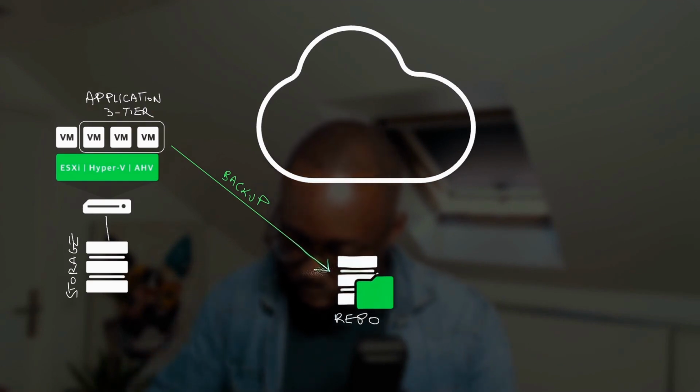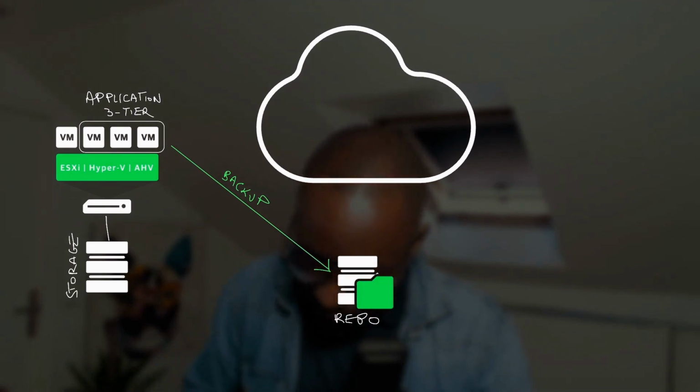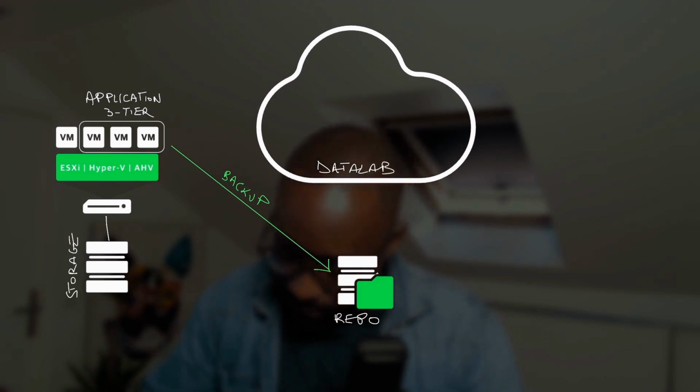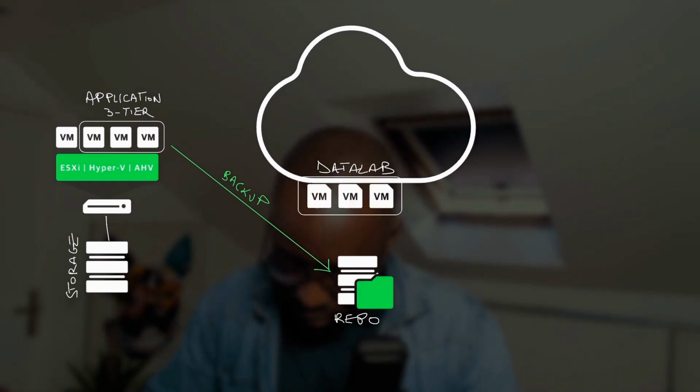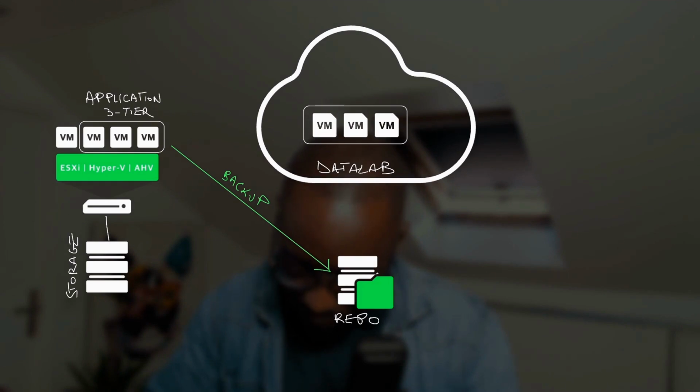But we immediately have an isolated environment that we will call the Datalab. In this Datalab, what we will have is 3 virtual machines that will be started inside this Datalab. The 3 VMs will be started inside this Datalab.